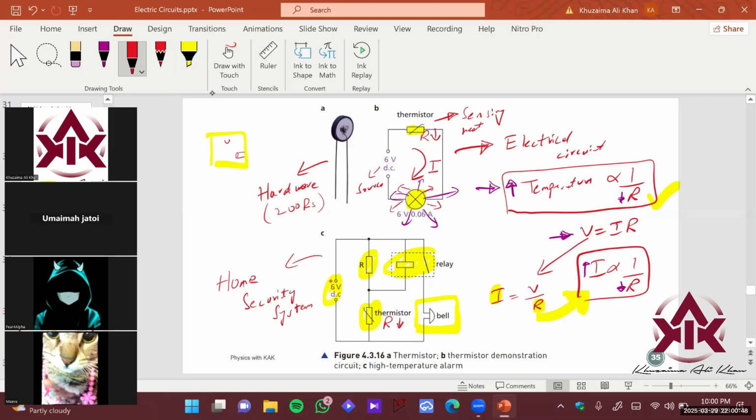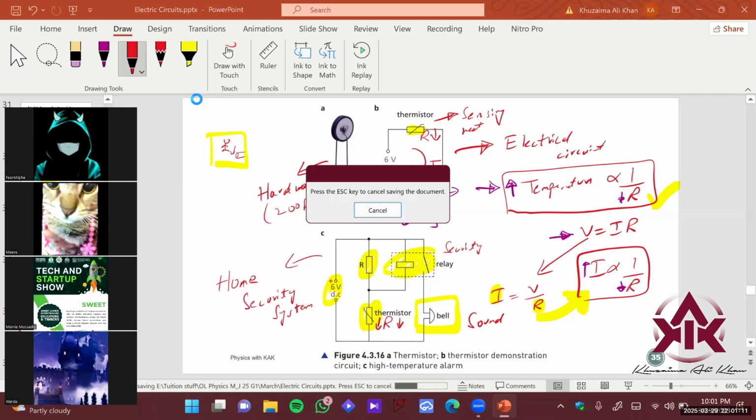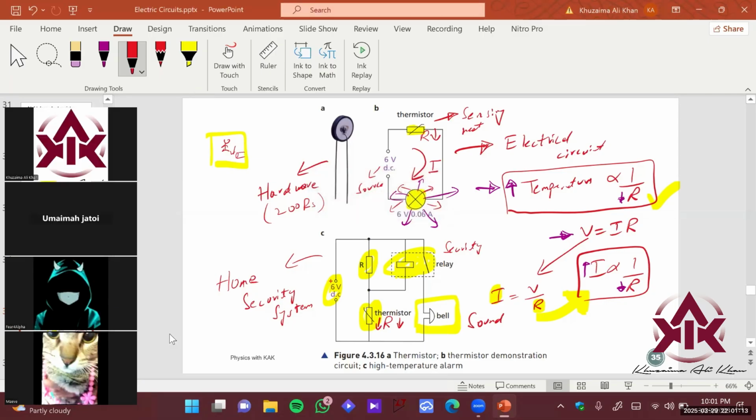As the person crosses the thermistor, the temperature is going to rise and it's going to decrease the resistance of the thermistor, which is going to activate the security system, and the bell is going to sound. Then a person can take precautions, let's say call the police or call the neighbors, saying we have an intruder in our house or society, right? That is how it is used in real life applications.